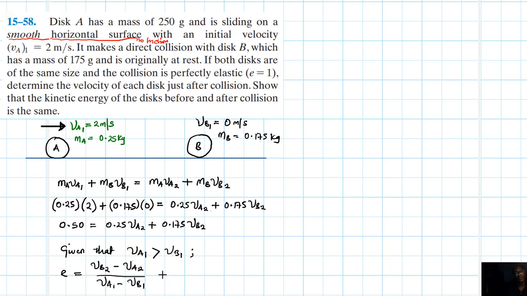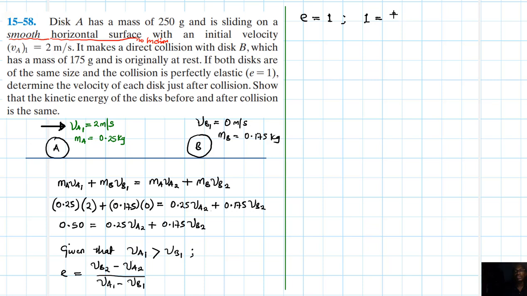With this in mind, since our E is equal to 1, it will just be 1 equal to VB2 minus VA2 over VA1 minus VB1.